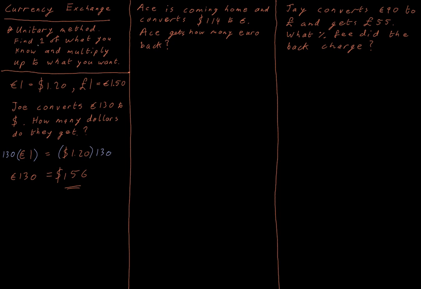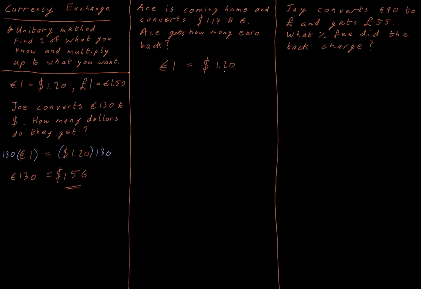I need to know what one of something is before I am able to find out the amount that I want. But I have a problem this time. I know that €1 is equal to $1.20, but I don't know what $1 is in euro. So I'm going to need to get that this time.